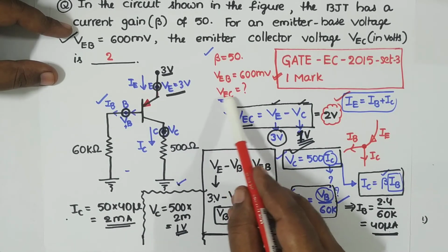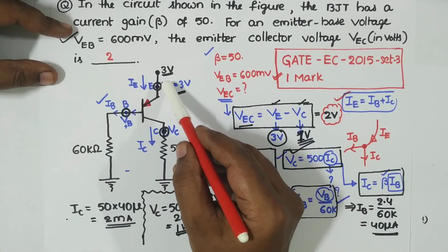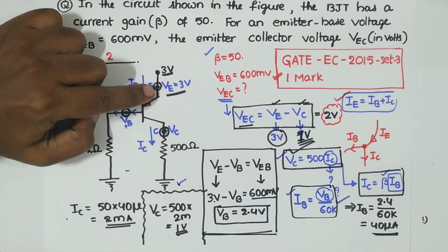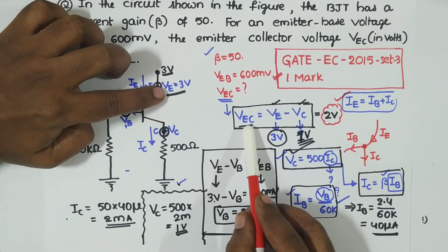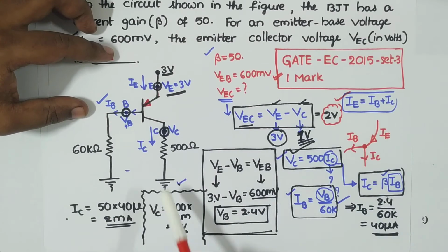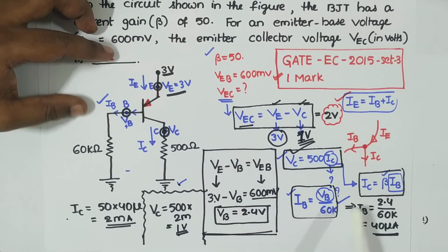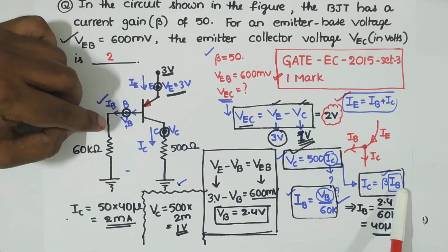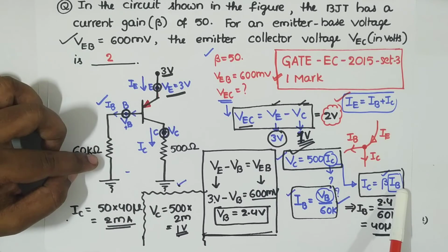We need to find VEC. The potential difference between the emitter voltage and collector voltage is VEC. VE is 3 volt, and VC is 500 times IC. IC is beta IB. IB is the current through the 60K, that means VB by 60K.